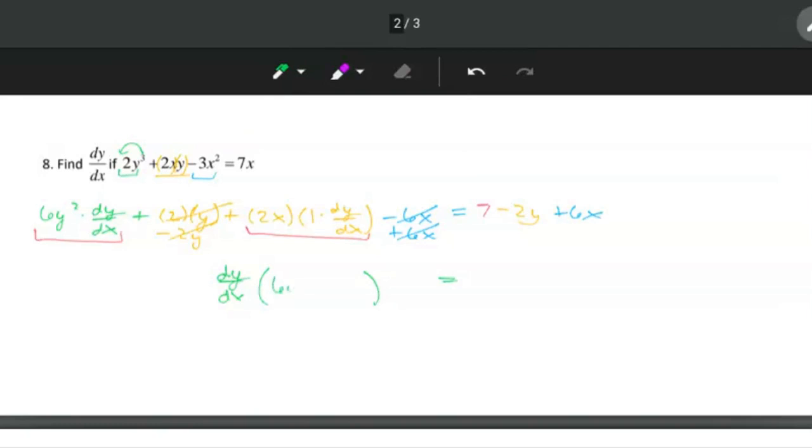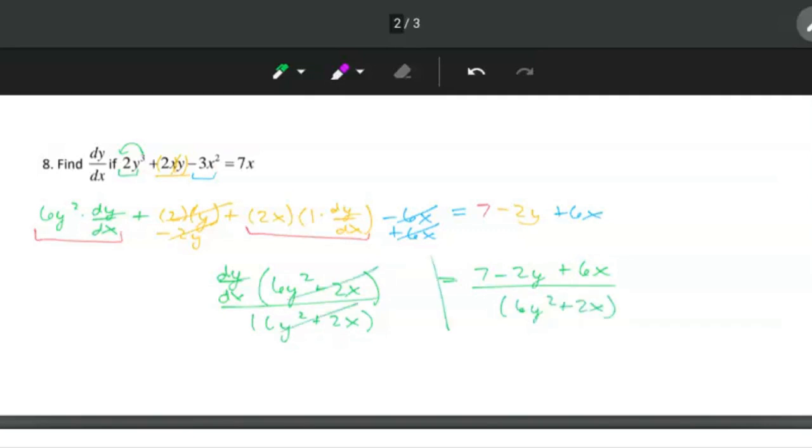So we're left with 6y squared plus 2x. And on the right side, we have 7 minus 2y plus 6x. Then to get dy dx by itself, we divide both sides by this quantity, 6y squared plus 2x. And that right there is our dy dx.